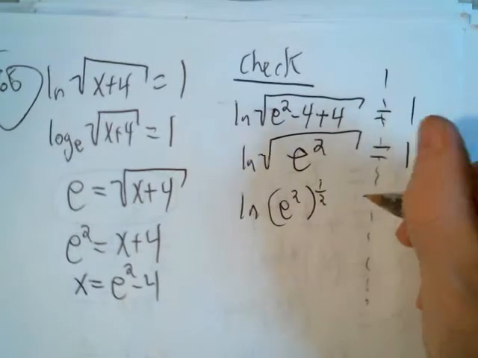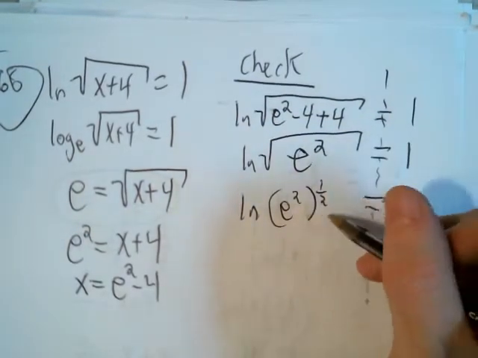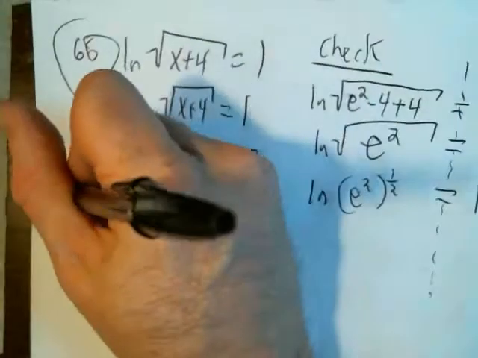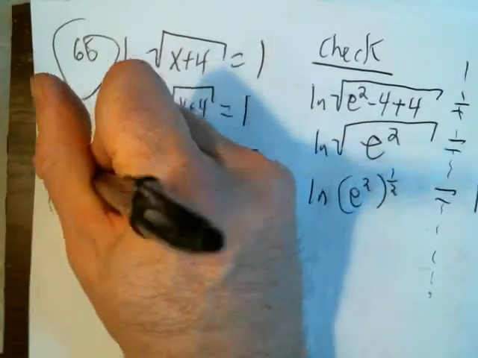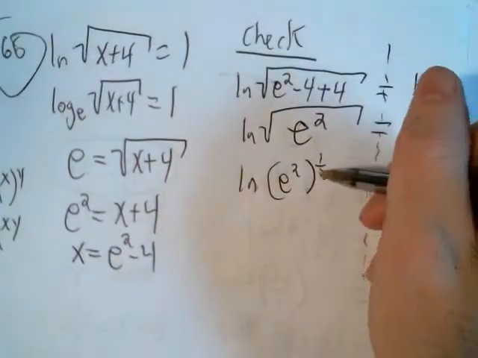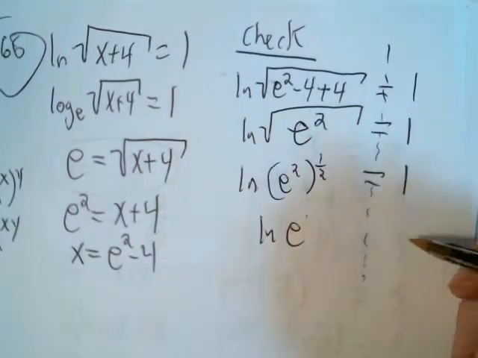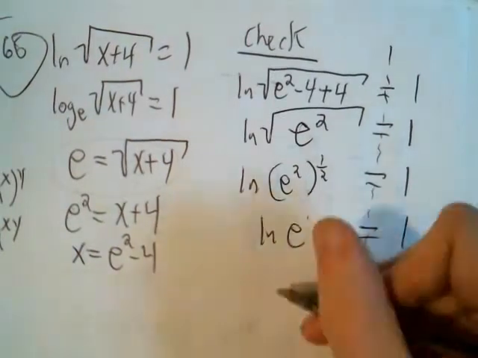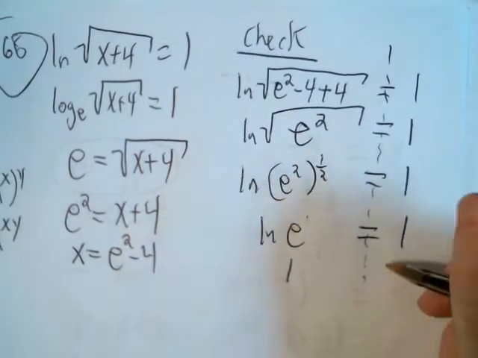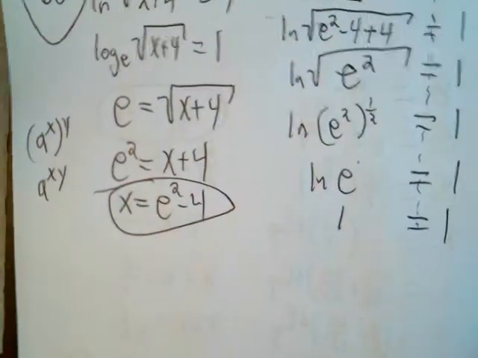I just rewrote the square root as a rational exponent. And then you could use our exponent rules. So remember, if you have a to the x raised to the y, you get a to the xy. So e to the 2 raised to the 1/2 is ln of e to the 2 times 1/2, which is ln of e to the 1. And then, of course, the ln of e is just 1. We got 1 equals 1, so we can come over here and give it the stamp of approval.